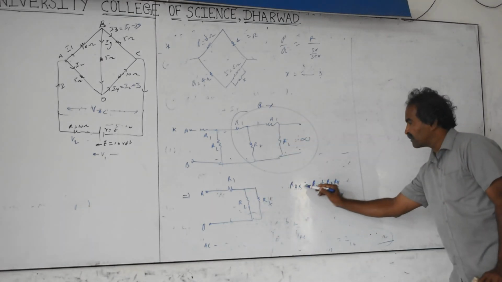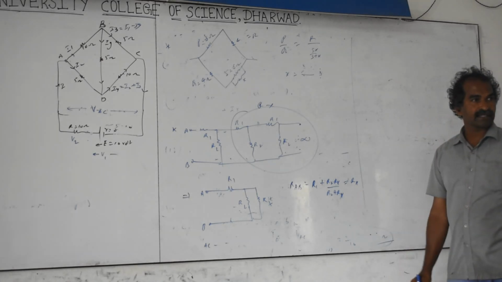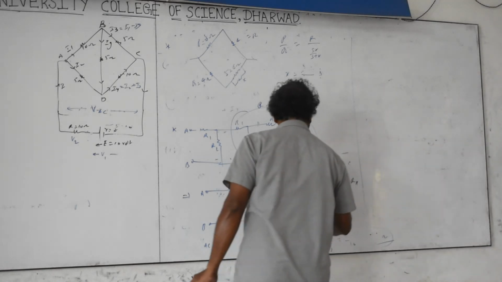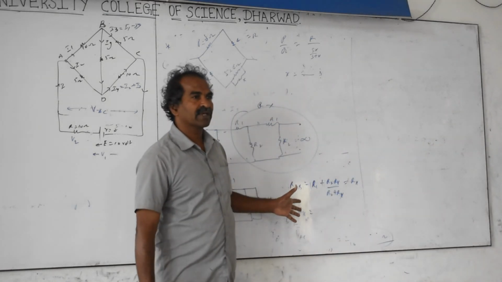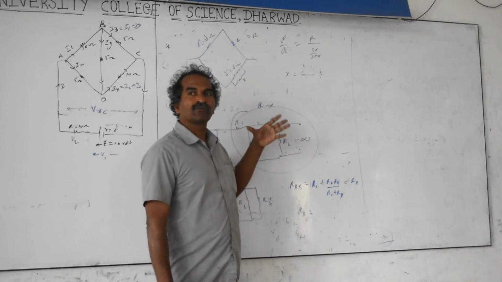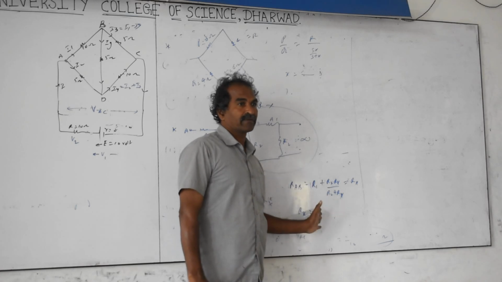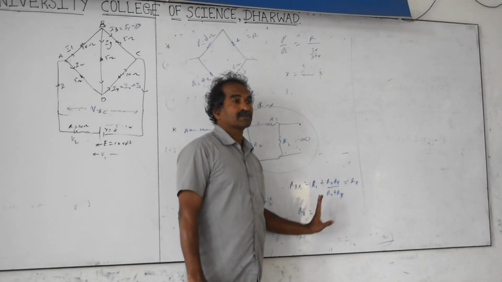Then you solve this equation. From this equation you get a quadratic equation, made depending on the values given. Sometimes you solve it directly, sometimes you make a quadratic equation. Then get the roots of the quadratic equation. Don't take negative values; take only positive values, since resistance is always positive.